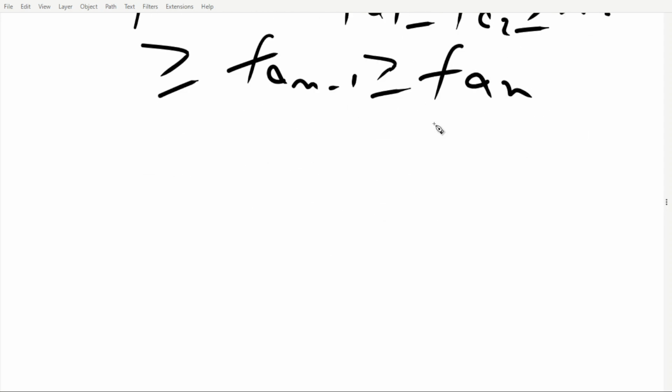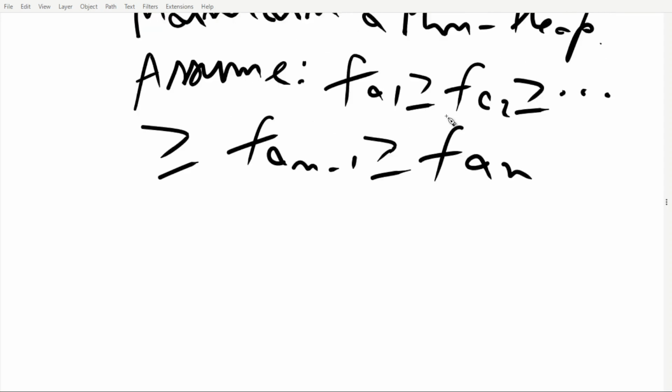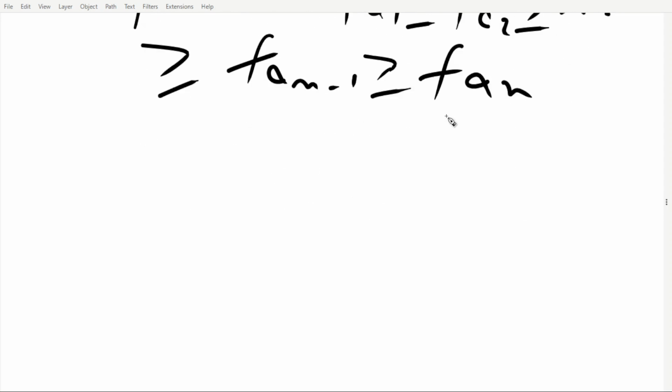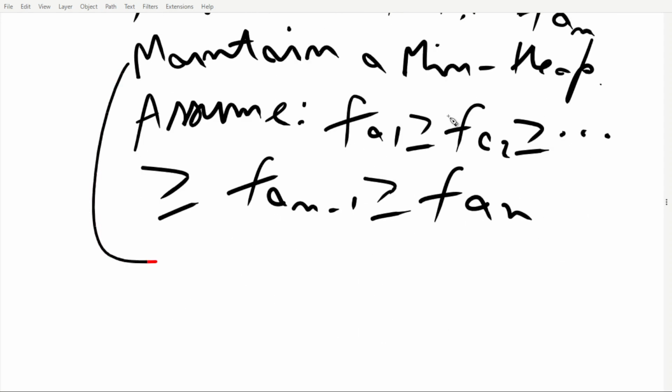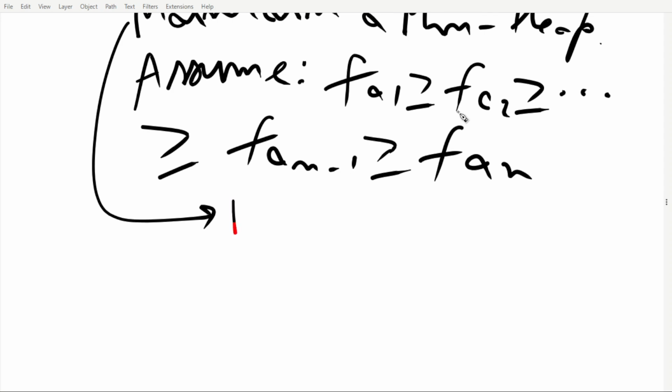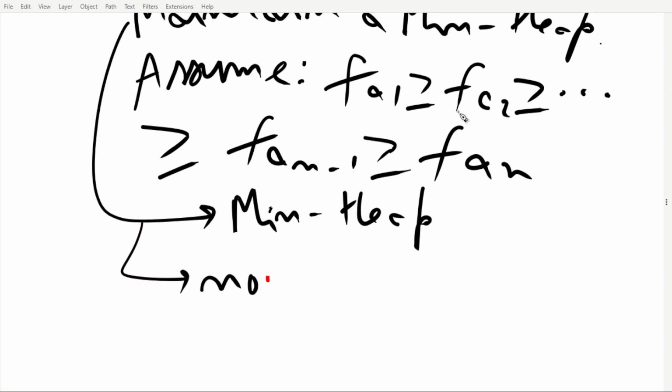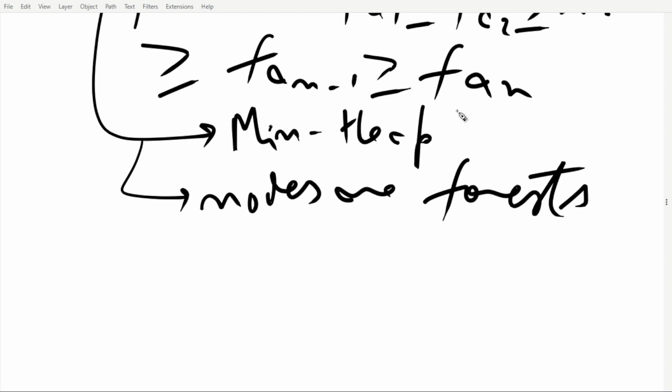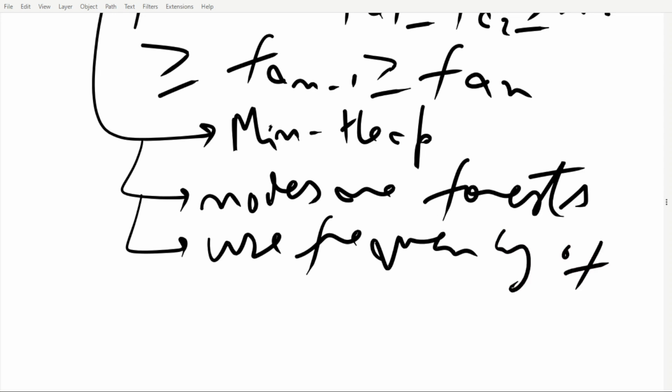So we maintain a forest. This min heap, where the nodes are forests, and we use frequency of forests for sorting.